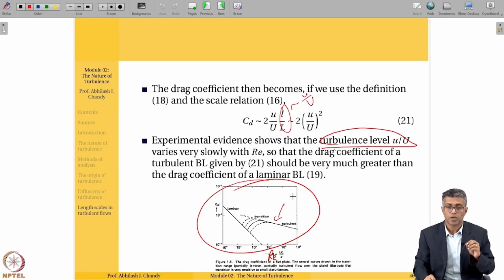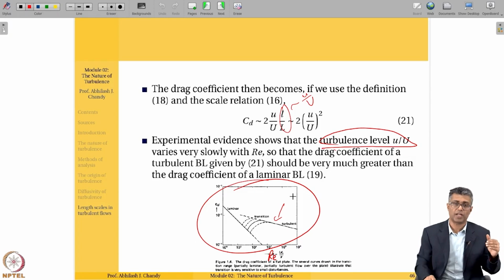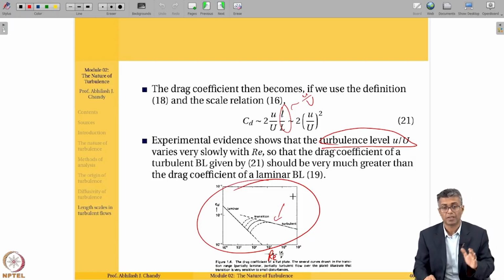All of this has huge implications. We are not just looking at ratio of length scales or ratio of time scales here. We are relating that to a coefficient. What does the ratio of length scale mean when you relate it to a coefficient? That is what we have done here.